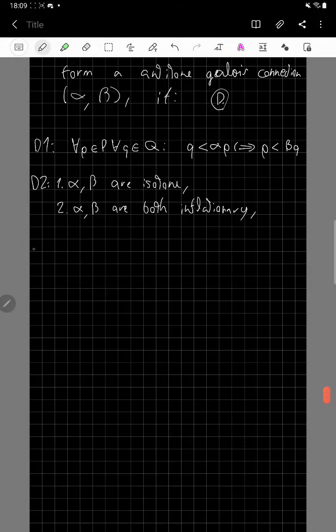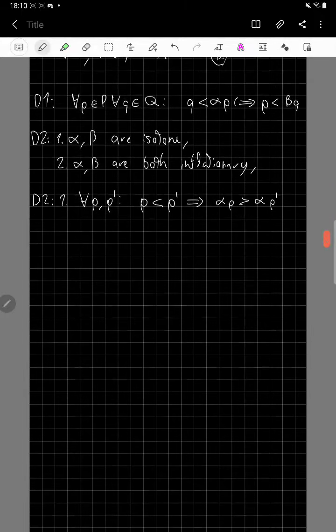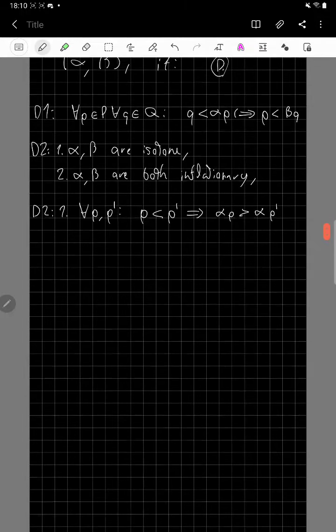So let's re-explain definition 2. The first property is, for any p and p prime, p smaller than p prime implies alpha p is greater than alpha p prime. So it inverts the sign.